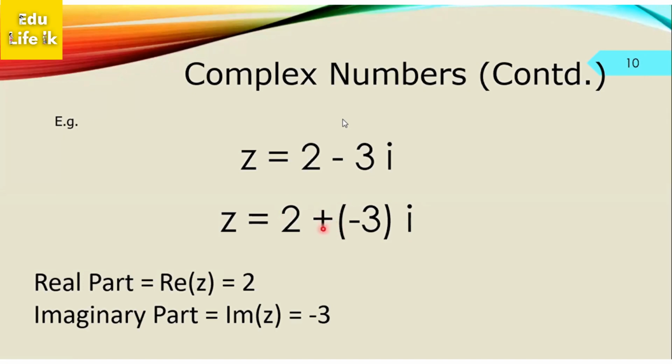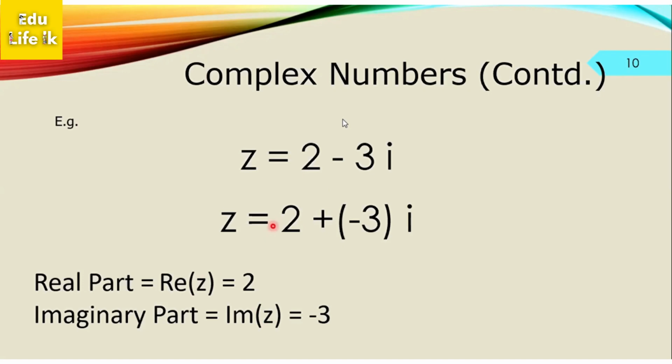Adding of a real number to an imaginary number. So a plus sign should be there. If the plus sign is not there, you can convert it into a plus sign like this based on your problem, and then find what is the real part and what is the imaginary part.